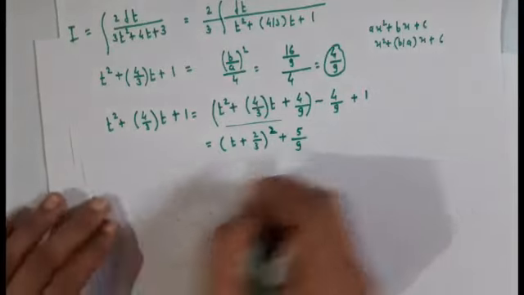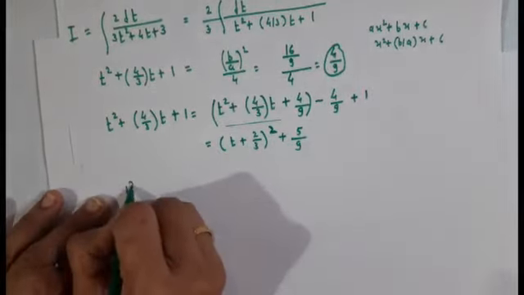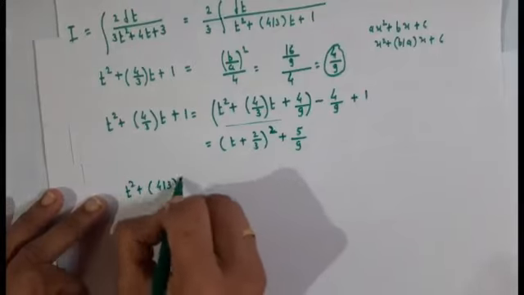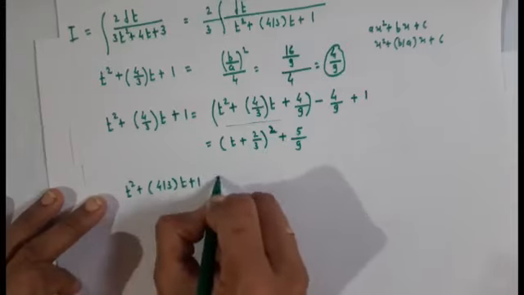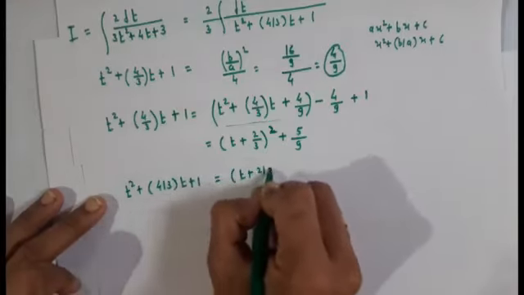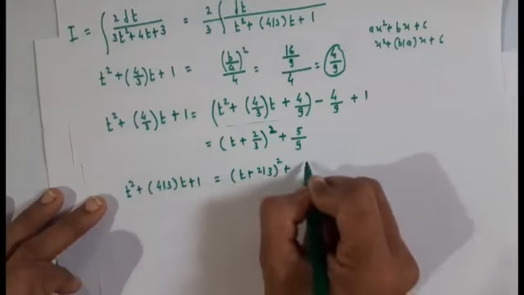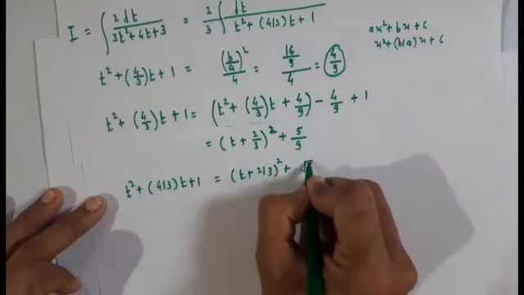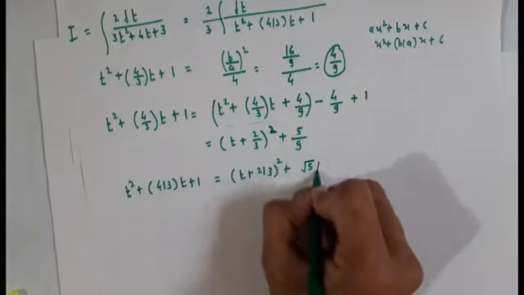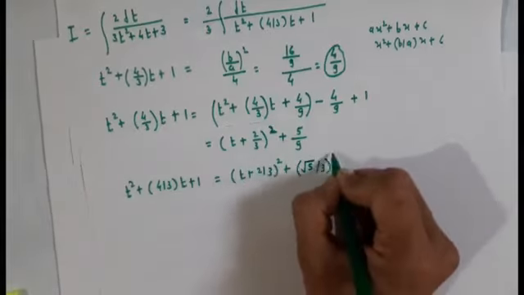Therefore t square plus 4 by 3t plus 1 is equal to t plus 2 by 3 whole square plus 5 by 9, and we can write 5 by 9 as root 5 upon 3 whole square.